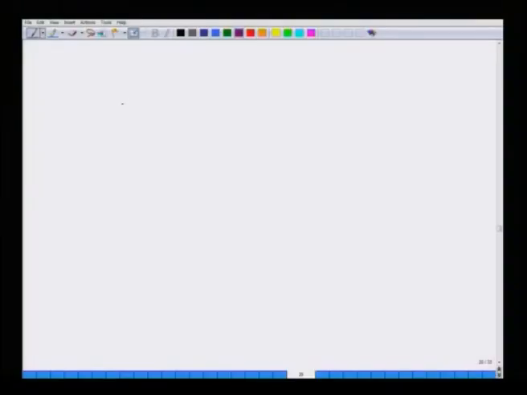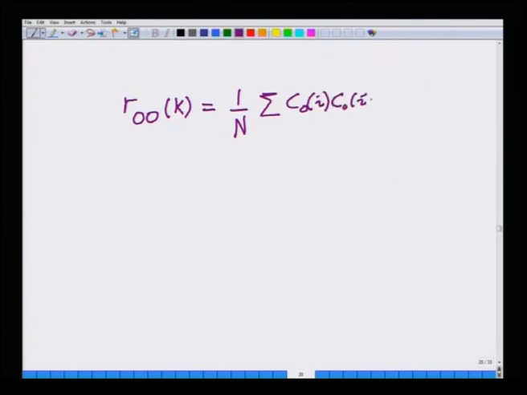So let us start with the correlation. Let me define R00 of k, that is for some lag k, the self correlation of sequence 0 with itself, as 1 over n summation C0 i into C0 i plus k.